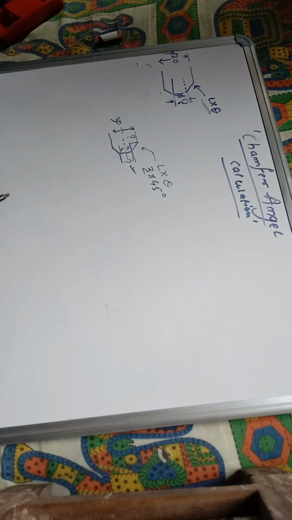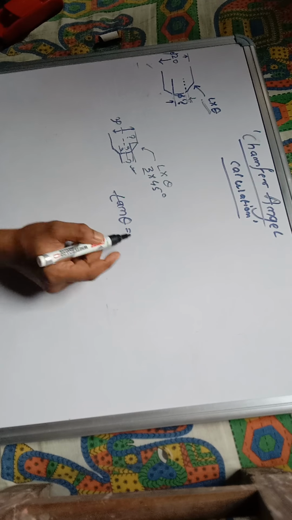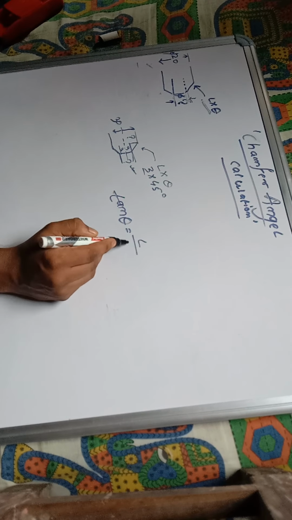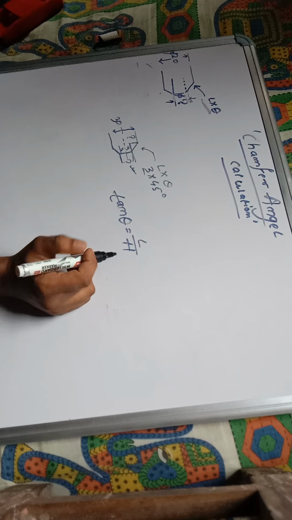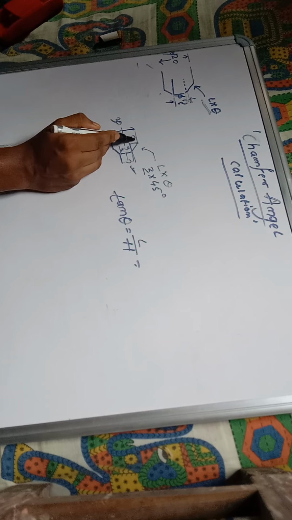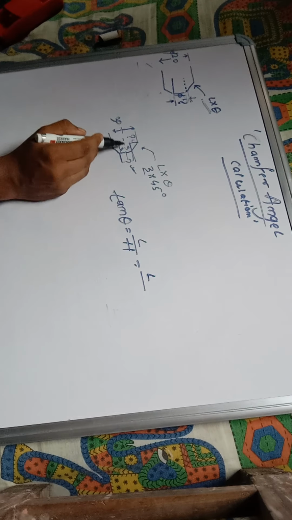Then we know the formula: tan theta equals length by horizontal length. You have to find this length, that is L, and H is 3.